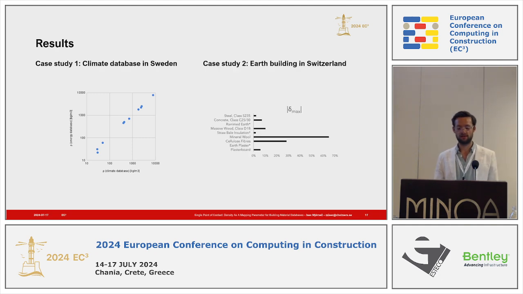But for the second case study, we see that for certain types of materials, like the mineral wool, for example, we have a 64% deviation. So this is something that we should really think about, because for certain types of materials it can be difficult to use density.